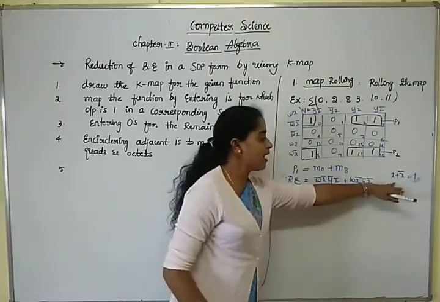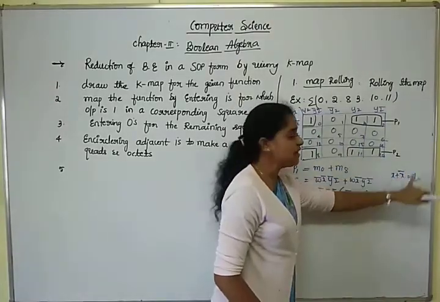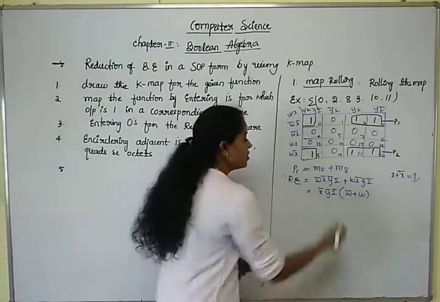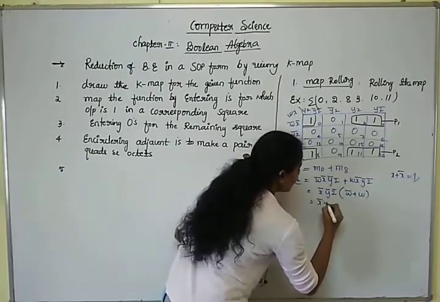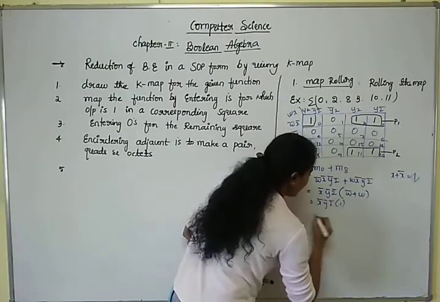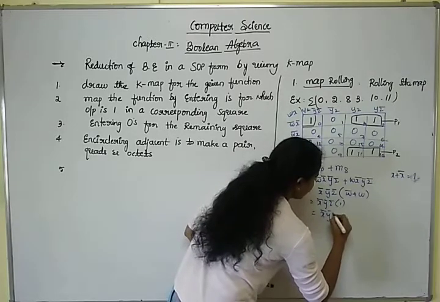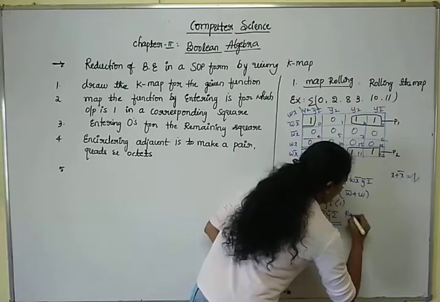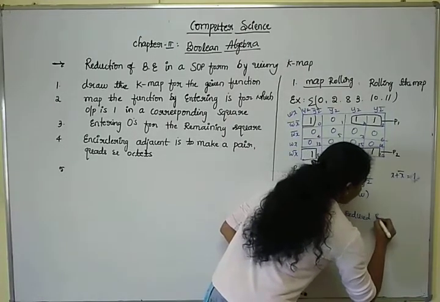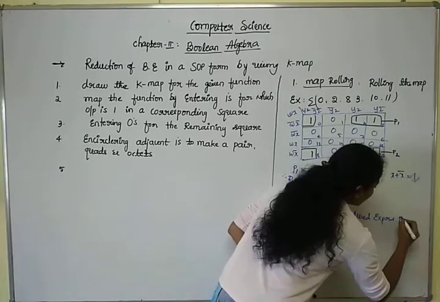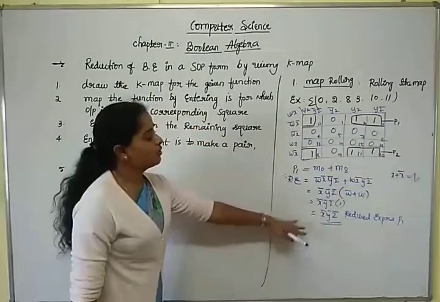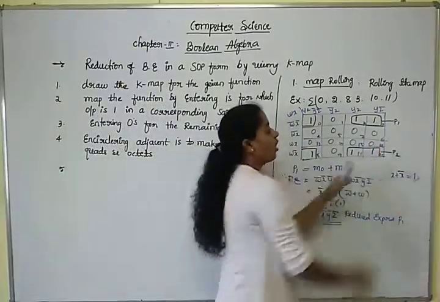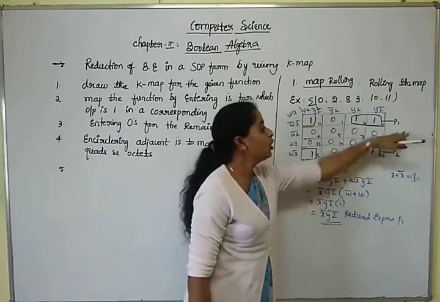When the variables are added with their complements, we get the value 1. So x bar, y bar, z bar into 1 gives x bar, y bar, z bar. This is the reduced expression for the given pair 1.